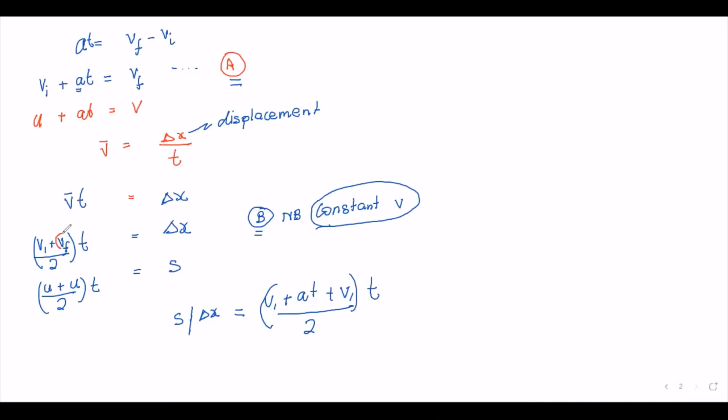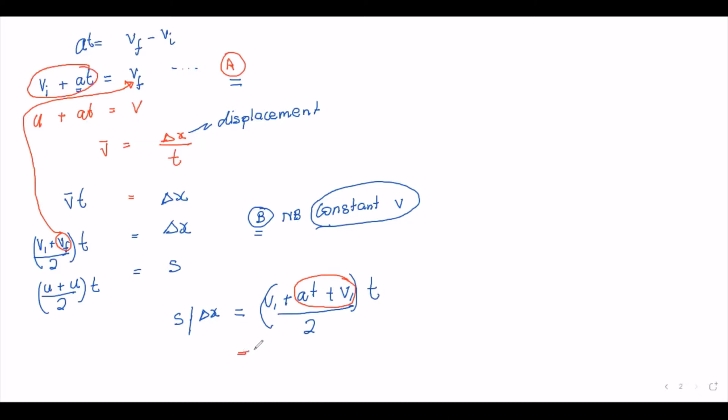This one here is the same as that one there. Now, wherever I see this one, this is the initial velocity plus the final velocity from A. That's what I have.